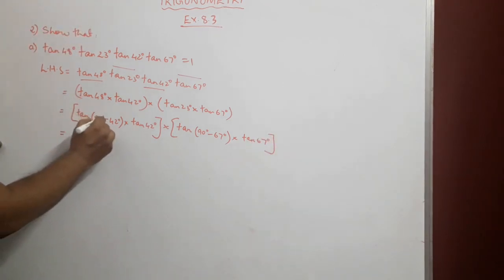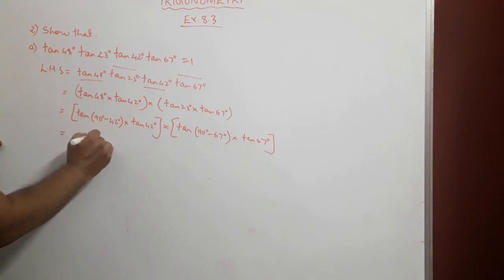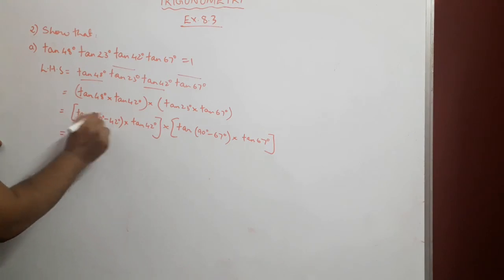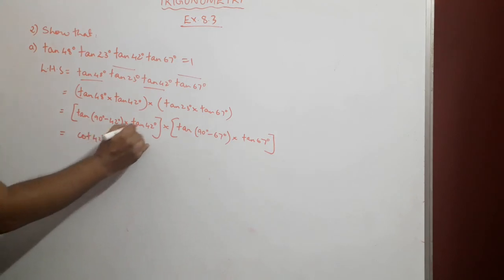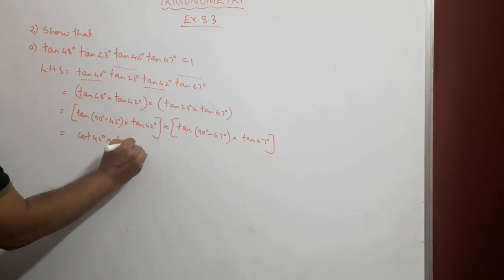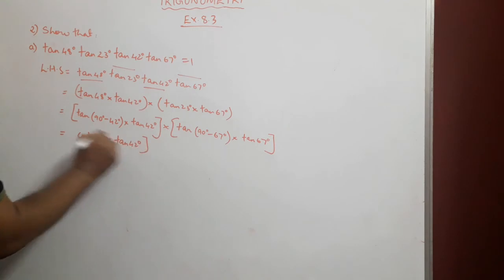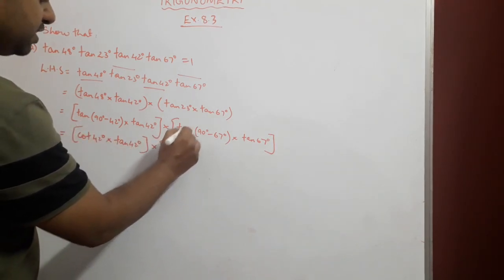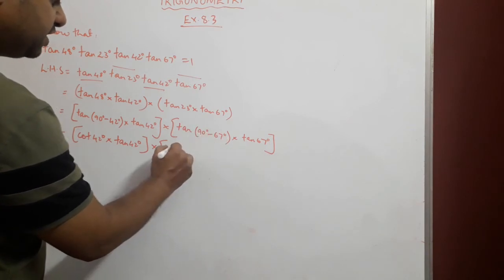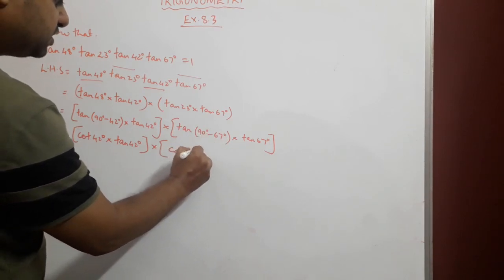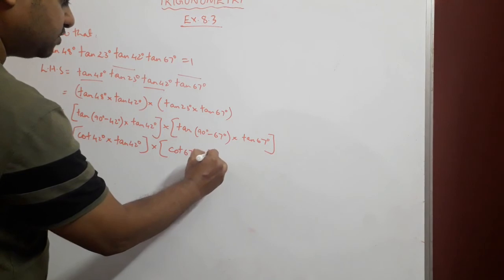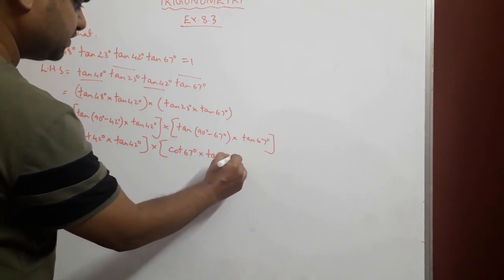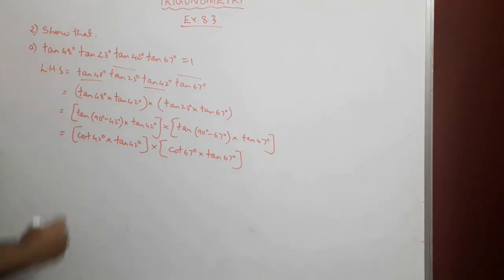So tan of 90 degrees minus 42 degrees becomes cot 42 degrees, complement of that, into tan 42. I write it the way it is. I close this bracket this way, and the other bracket is tan of 90 degrees minus 67 degrees can be written as cot of 67 degrees into tan of 67 degrees, and I close this bracket.